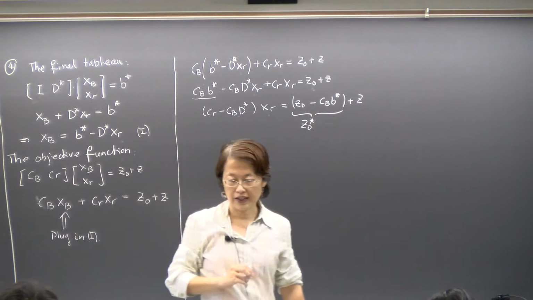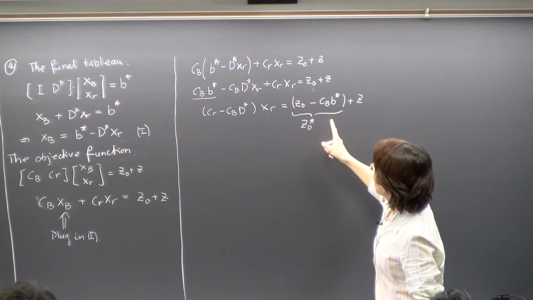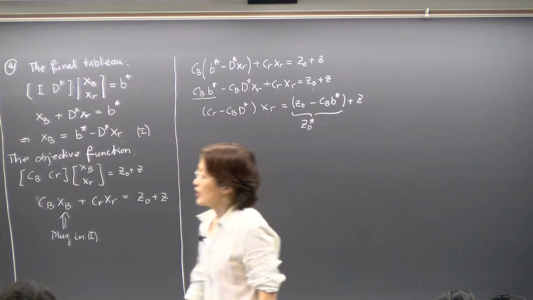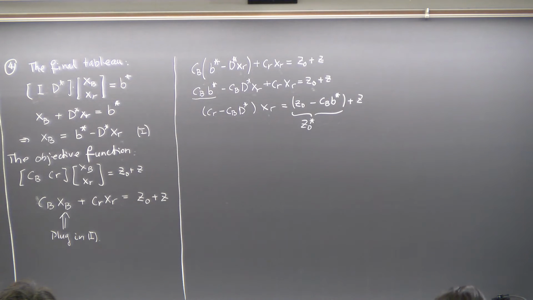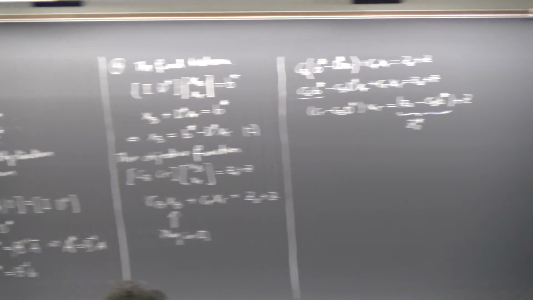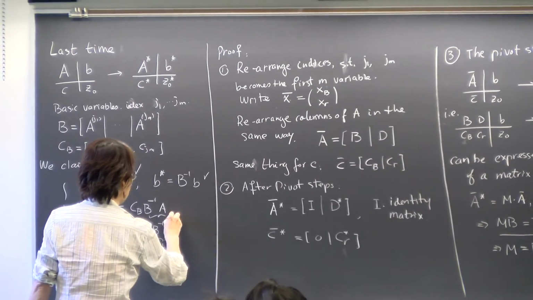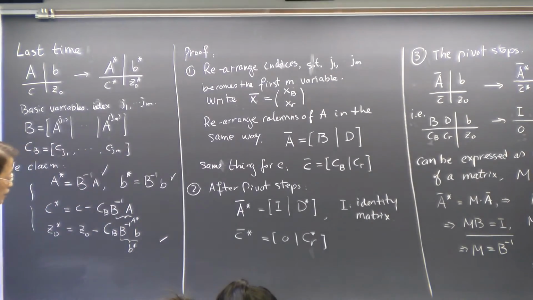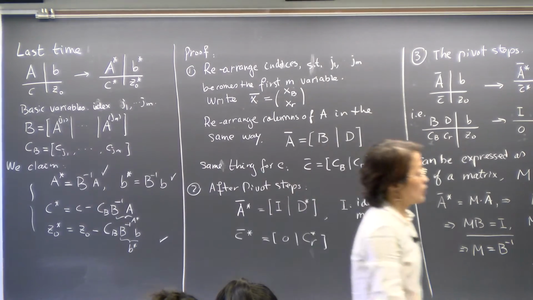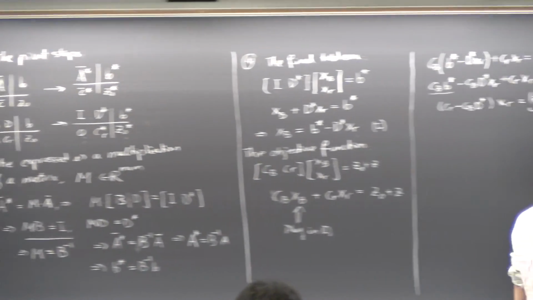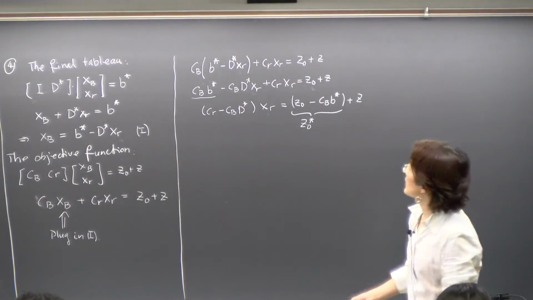Looking at this expression, isn't it exactly this one here? This is just B star, and this is just A star, right? So we have that one already. Now we need to verify the final one, that is the C there.